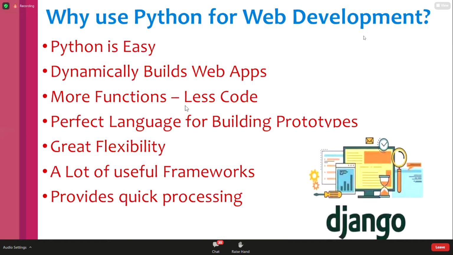Great flexibility. Try to understand once again clearly. Great flexibility. What is the meaning of flexibility? It is nothing but that any kind of web application we can develop, any kind of Windows application we can develop. I'm talking about Python's flexibility, because that is why we are using Python for web development.